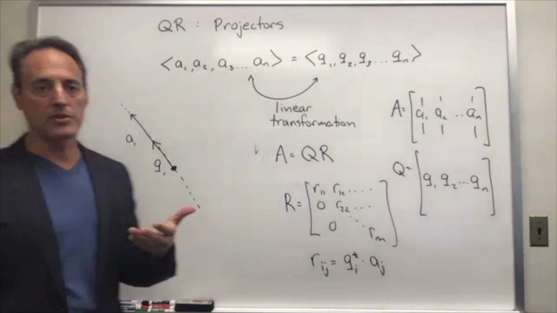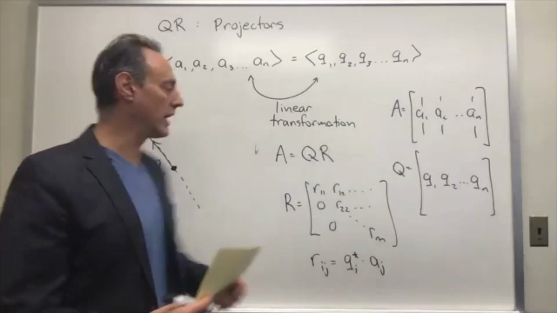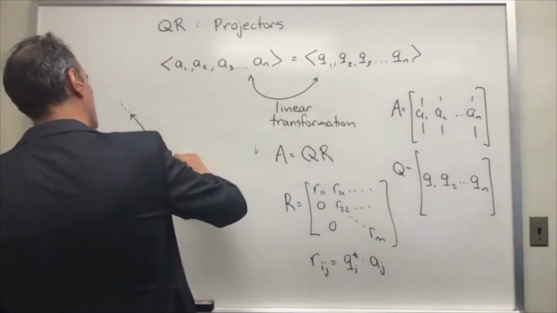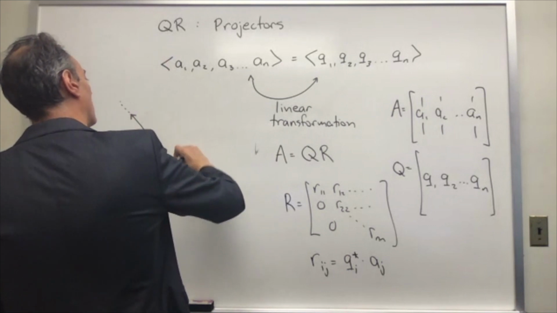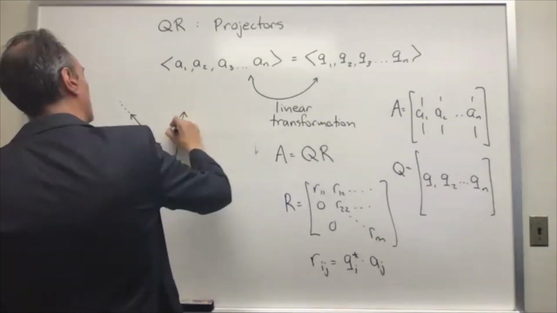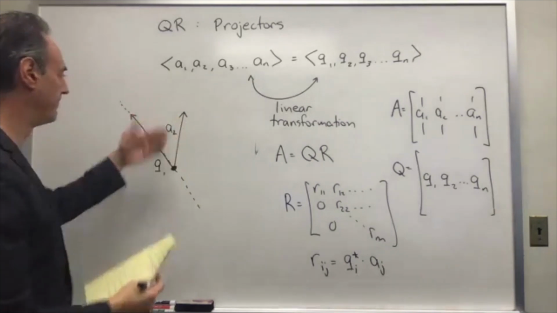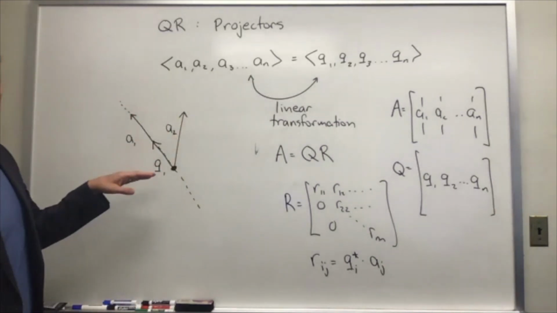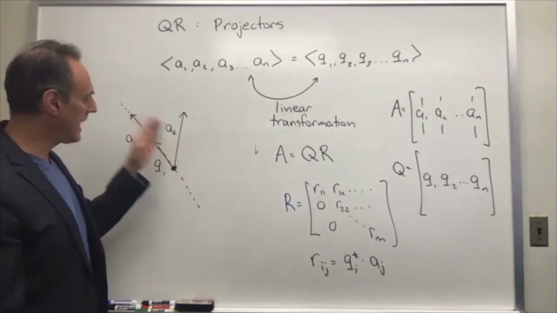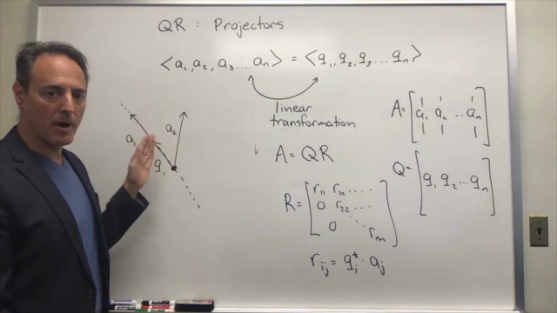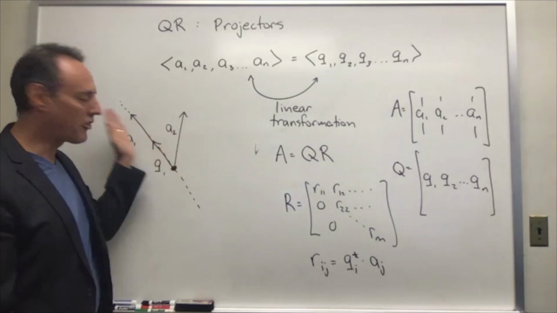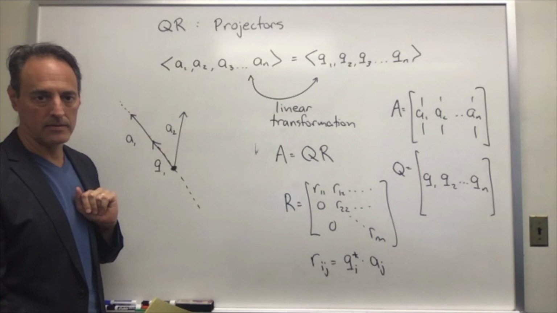Now what I want to do is say, well, okay, how do I get my next direction? Well, suppose the vector A2 is in this direction right here. So what I want to do now to pick the second direction is take this A2 and take the component of A2 that's orthogonal to what I already had.